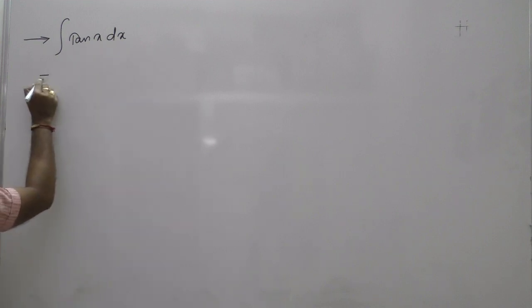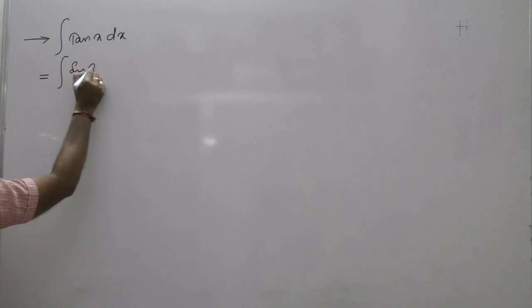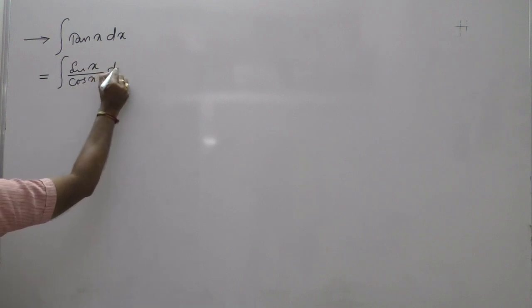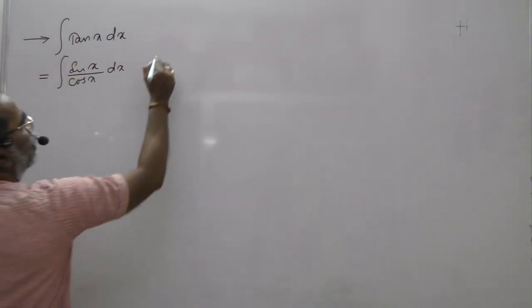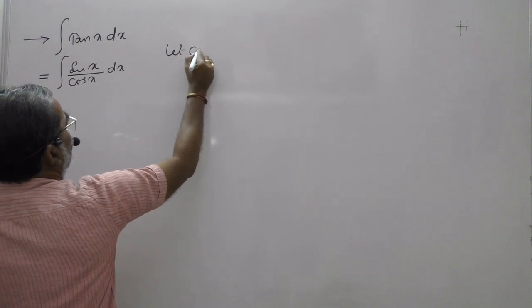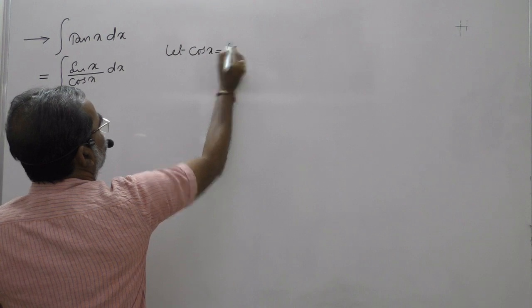Please listen. This is equal to the integral of sin x divided by cos x into dx. For cos x, the derivative is sin x. Therefore, there is no u by v here, so I will adopt the substitution method.